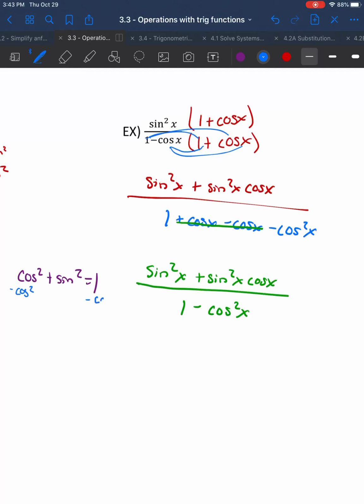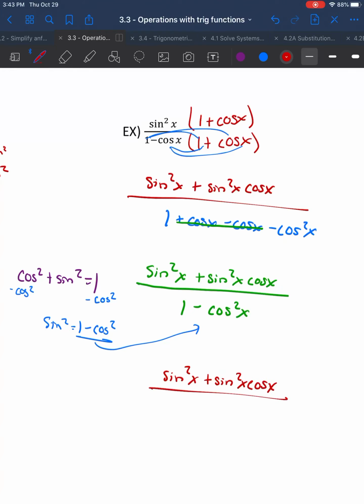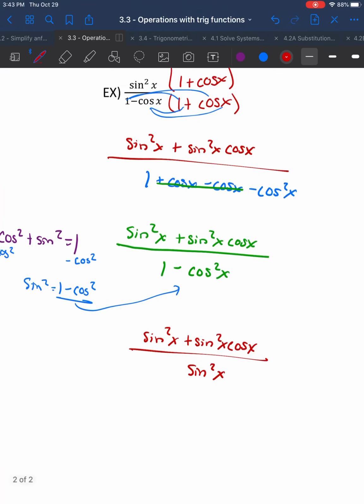This time, if I subtract the cosine squared over, I would have sine squared equals 1 minus cosine squared. Now that matches what I need. So my numerator is still the same. I can replace 1 minus cosine squared with sine squared.